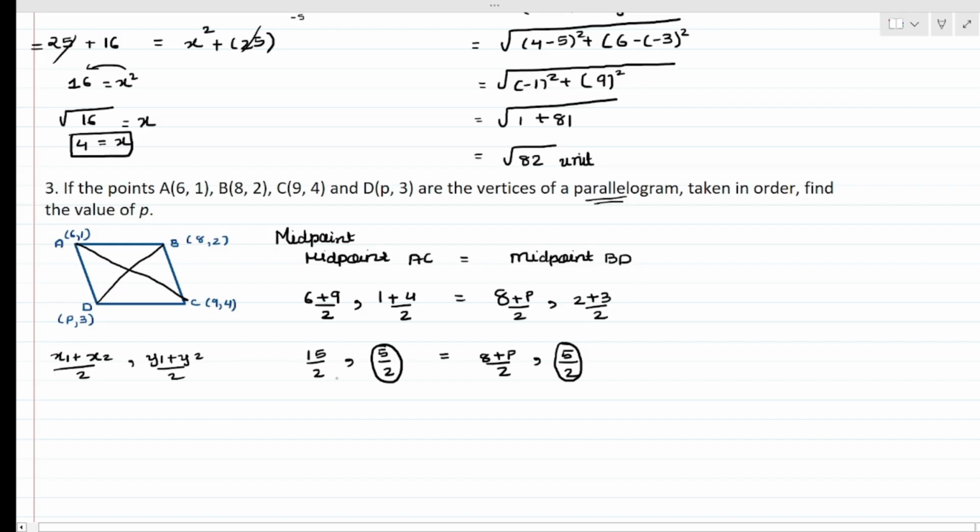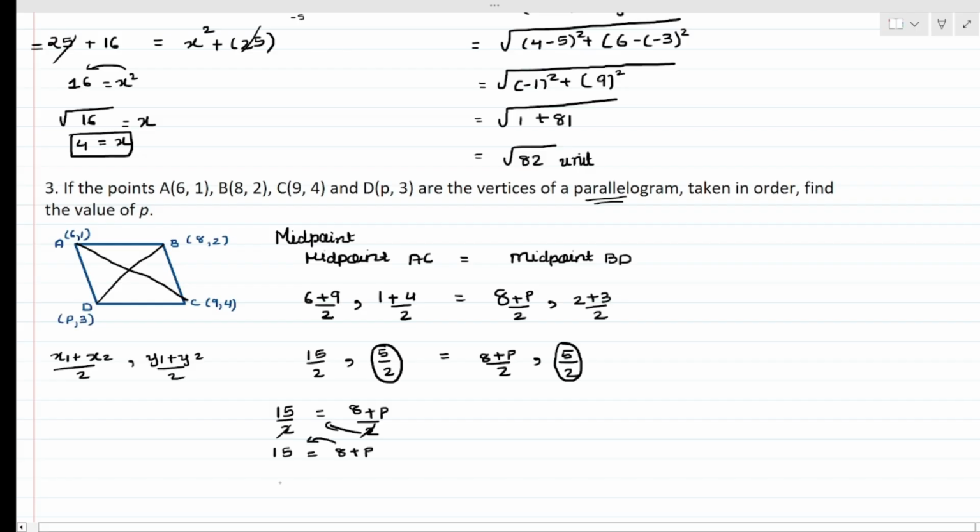That means my x coordinate will also be equal. So compare them. 15 upon 2 is equal to 8 plus P upon 2. Now this 2 goes over there, that means it will come in multiplication and get cancelled. So the final equation you are left with is 15 is equal to 8 plus P.